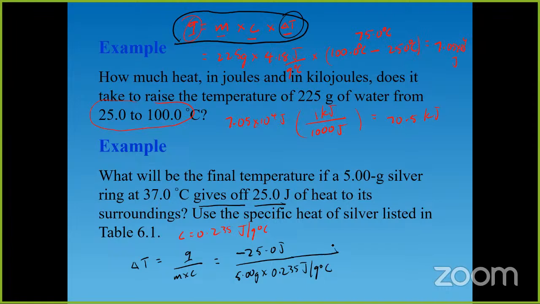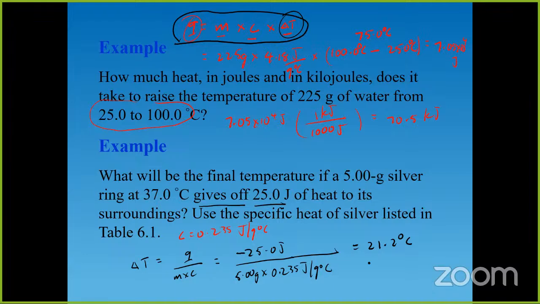And let's see what that gives. 25 divided by 5 divided by 0.235. Okay, so according to my calculations, this works out to be equal to 21.2. So that would be the change in temperature.